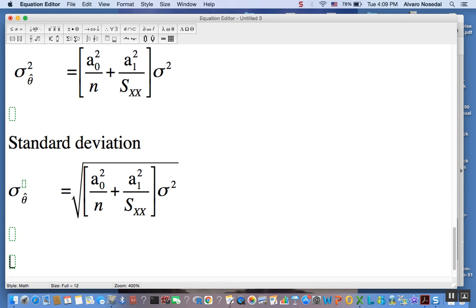Theta hat is normally distributed because it's a linear combination of normals, right?